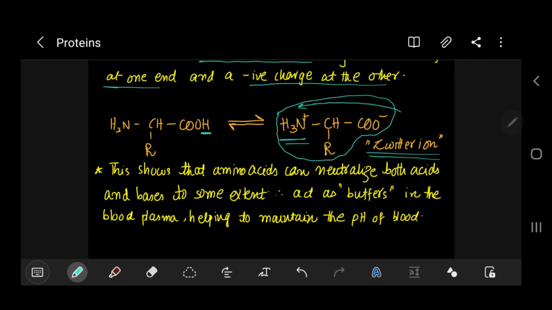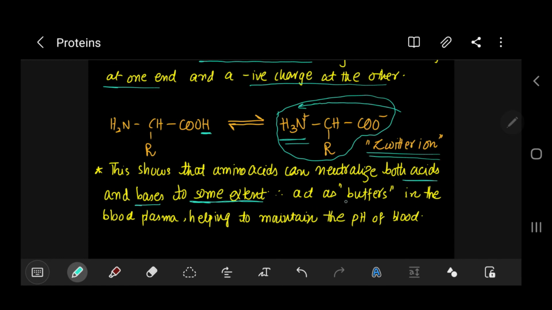Now this whole thing shows that amino acids can neutralize both acids and bases. If I add an acid to an amino acid, it will act as a base, and if I add a base, it will act as an acid. Now this is important: they do not completely neutralize, it depends to some extent.